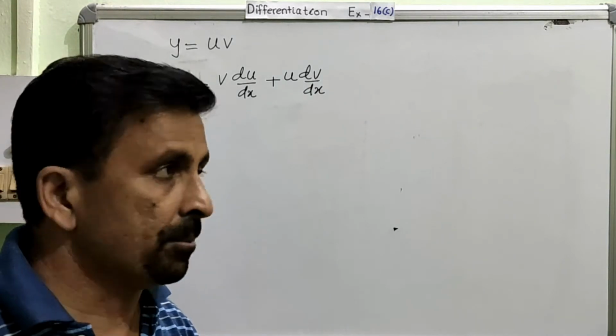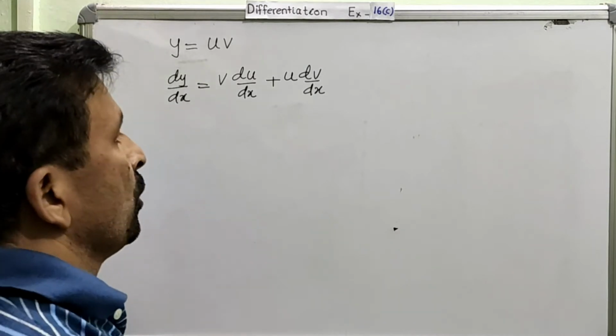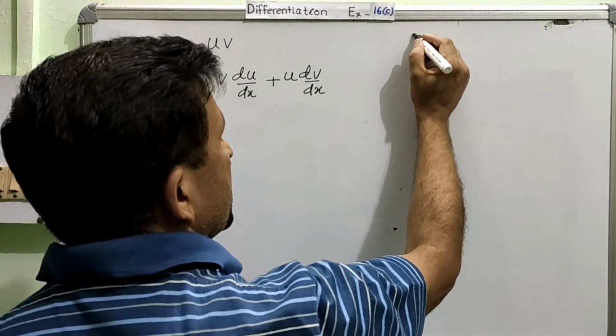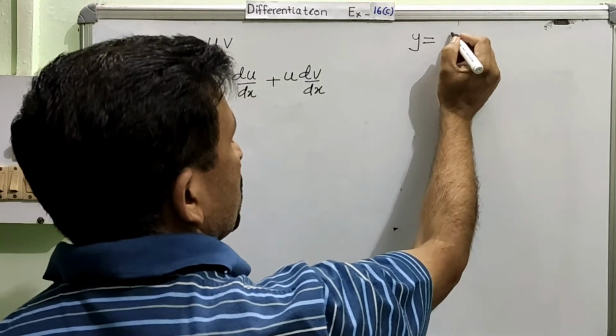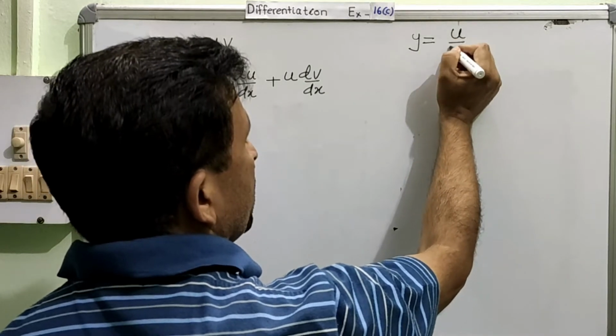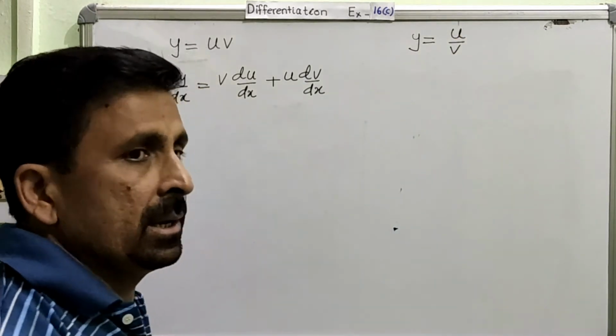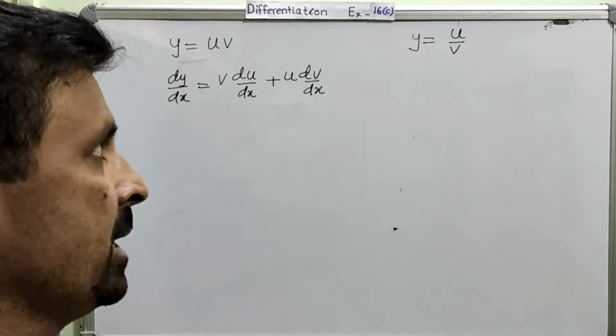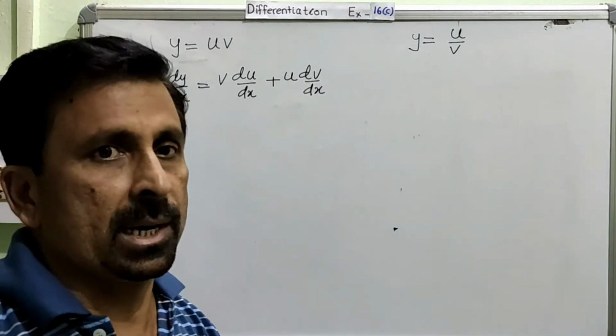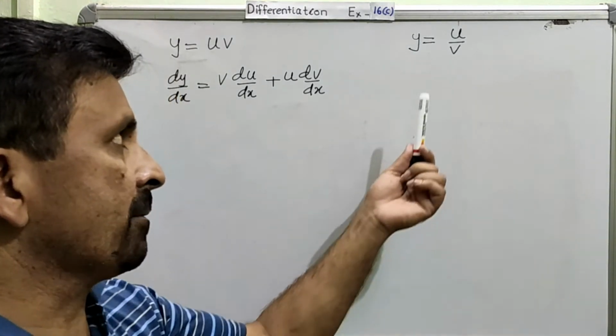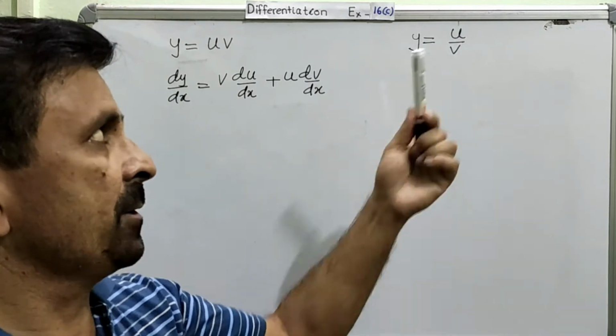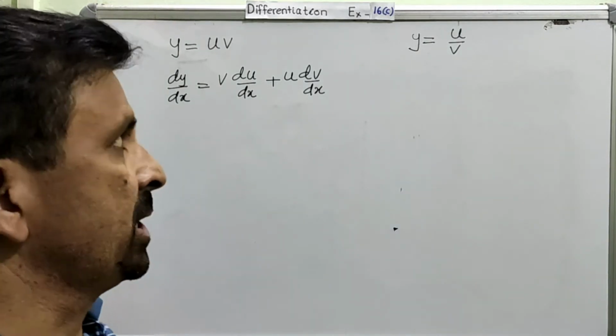Am I very clear? Likewise, we have the method of differentiation for the quotient form, u over v. If you have your function in the form of a quotient, in the form of a fraction, we call it quotient form. So if we have such a function in the quotient form, how can we differentiate?